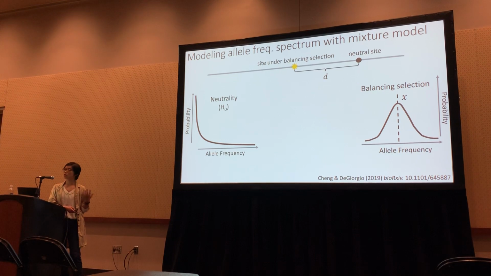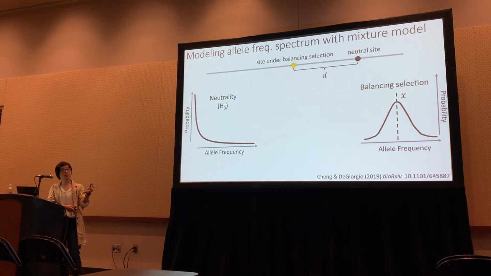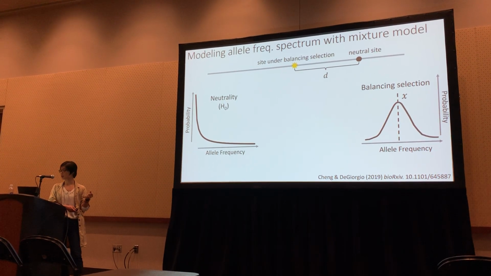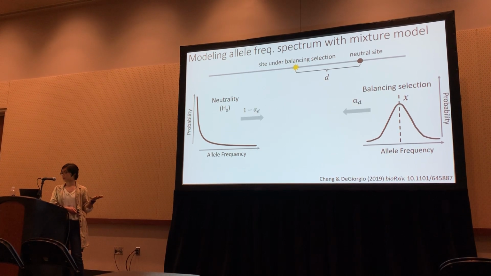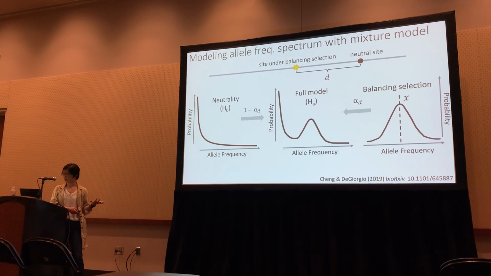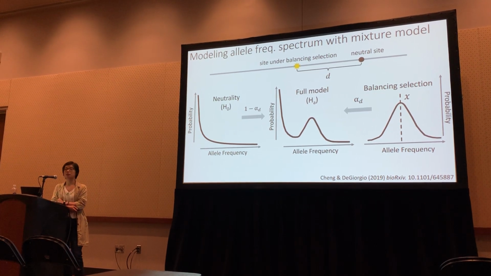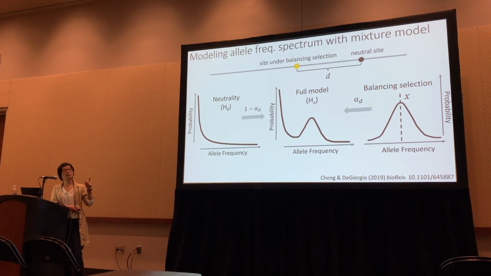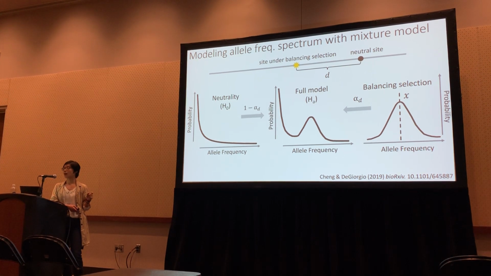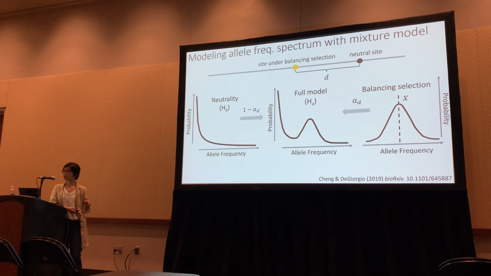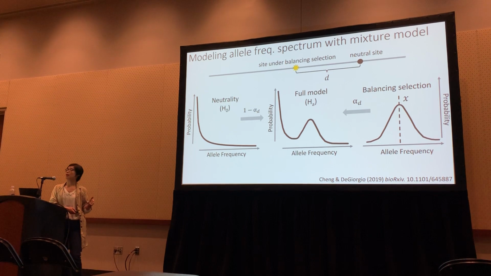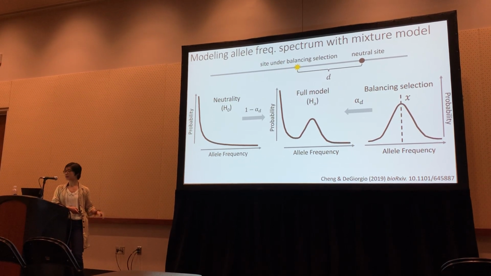And then for any neutral site that is d distance away from the site under selection, the probability to observe its frequency would just follow a mixture of neutrality and the influence of balancing selection. And we make the mixing proportion alpha_d inversely related to d, so that the larger the d, the smaller the alpha, just like how linkage would decay.